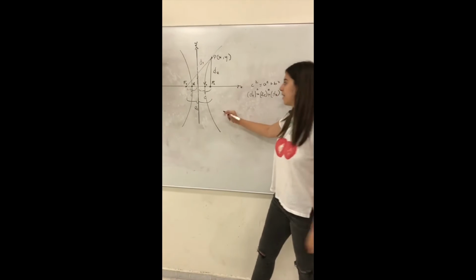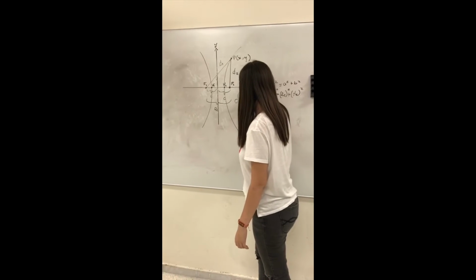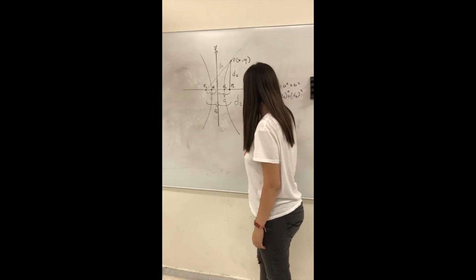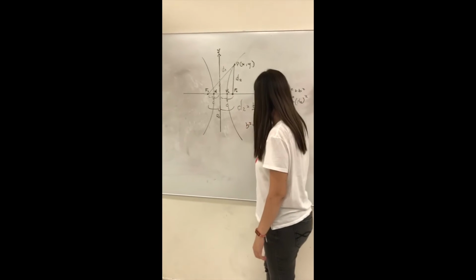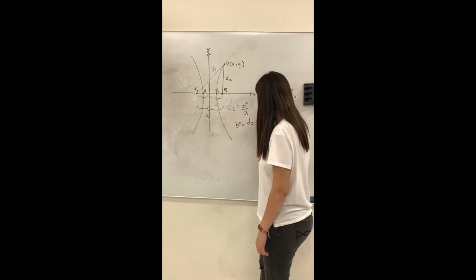We can also notice here that the distance 2 equals B squared over A, which means B squared equals distance 2 times A.